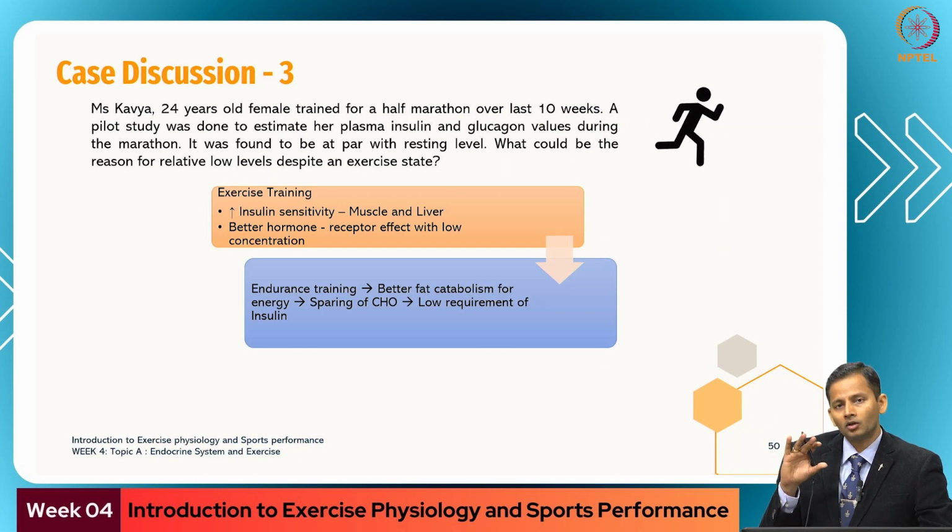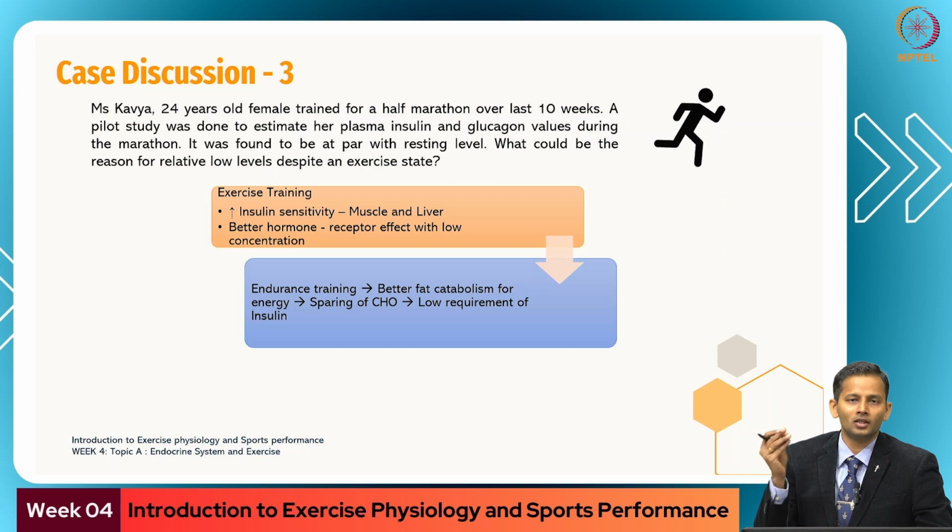Secondly, with endurance training per se, you also have better fat mobilization because of the adaptation that happens in the catabolic hormones. So they mobilize the fat and they result in catabolism of the fat, that is lipolysis, which results in alternate source of energy fuel for the endurance training.